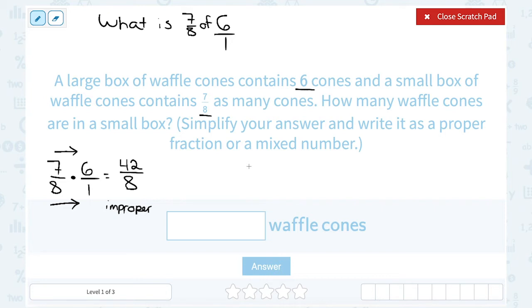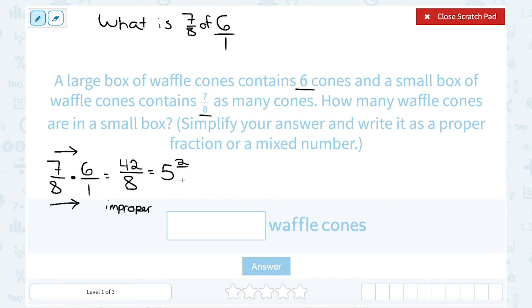Now it does not come out evenly, but I know 8 goes into 40 5 times. So I know I'm going to get at least 5. And then I could say, okay, well, if 8 times 5 is 40, that leaves me 2 left over, right?